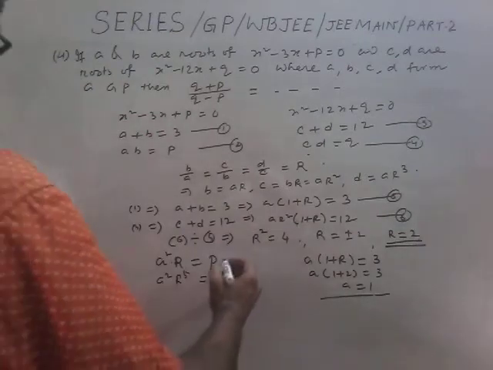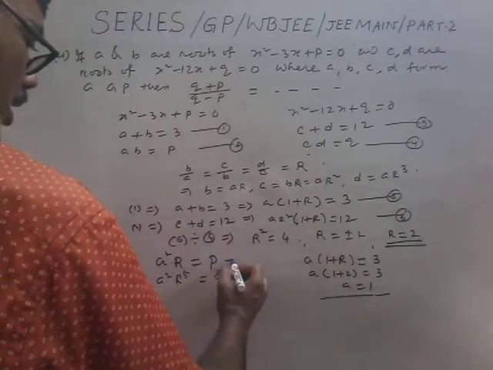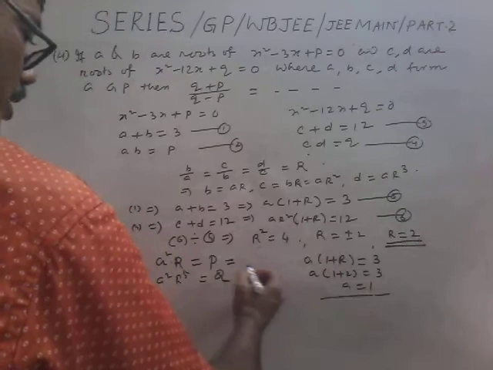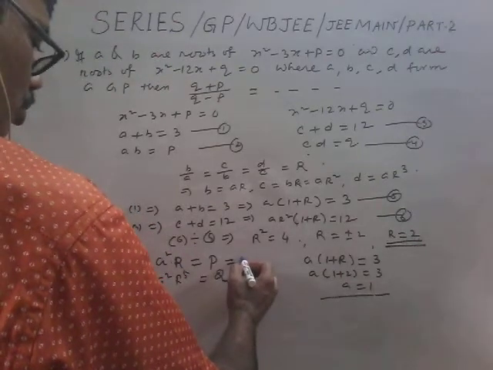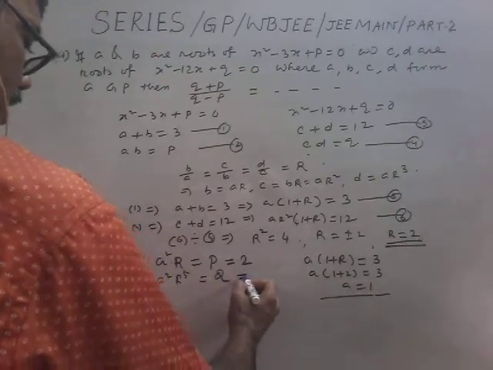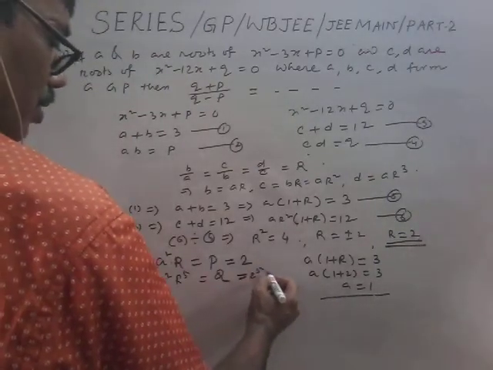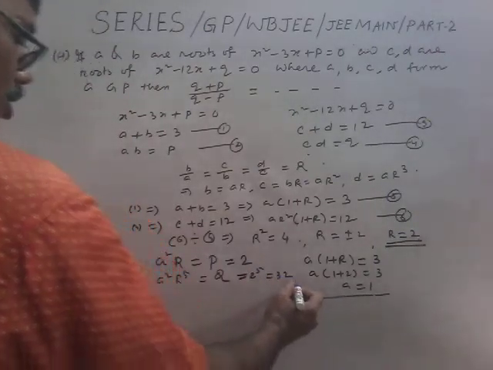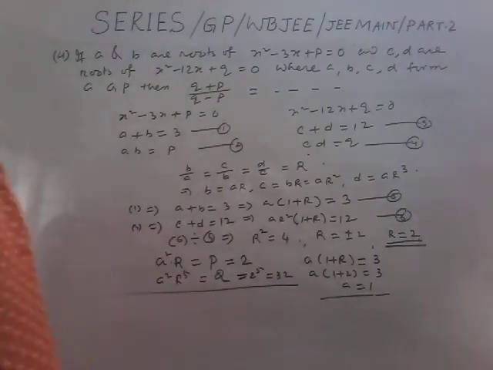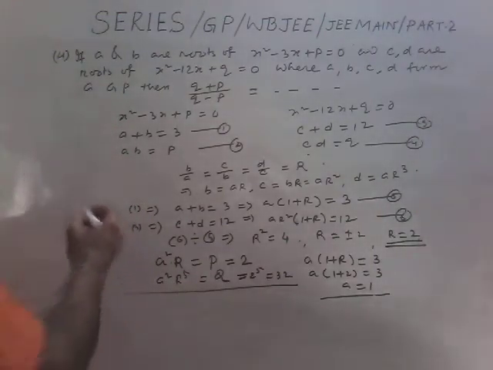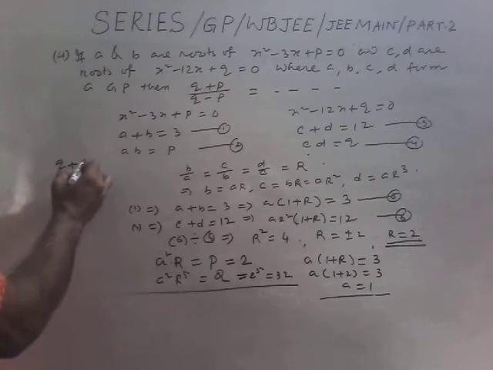So what is p? p equals a square r. a square is 1, r is 2, so this is 2. And what is q? a square 1, 2 to the power 5, that is 32. Now we have to calculate q plus p by q minus p.